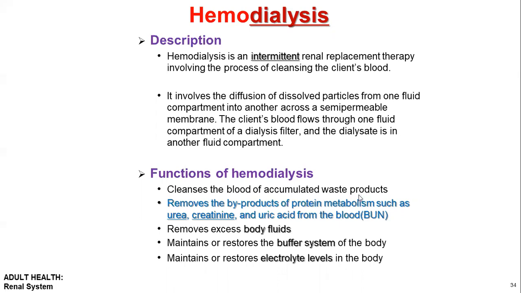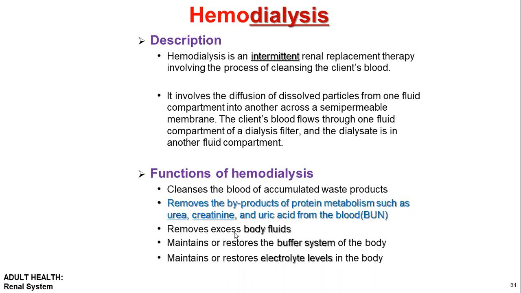If you do not, the problem starts. Nobody wants to face the problem. So remove byproducts of protein metabolism, such as urea, creatinine, and blood urea nitrogen. They are waste products. The body does not tolerate them.